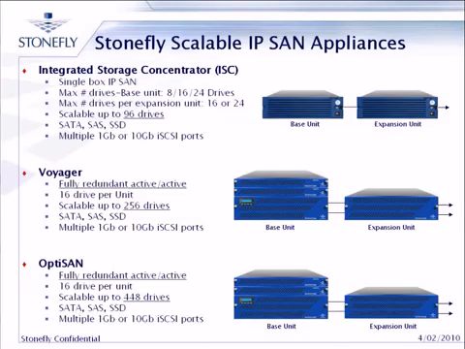With Voyager and OptiSAN, the difference again comes in scalability, and we go up to 256 drives with Voyager and 448 drives with OptiSAN. As far as drive types, we support SATA, SAS, and SSD, so there are options you can choose. You can mix these drives in the same chassis.